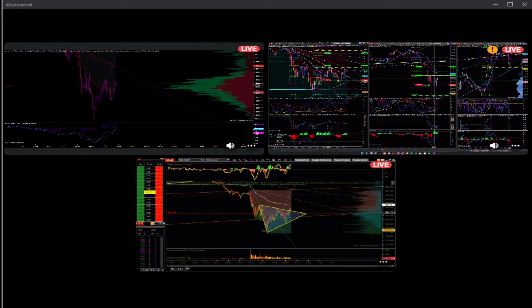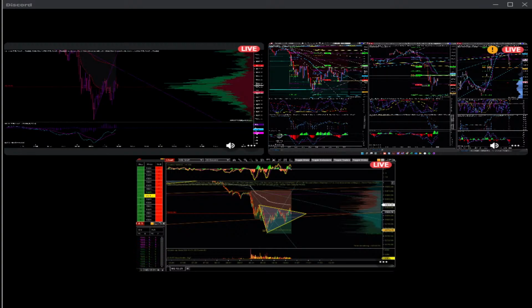I like when the triangle breaks to the downside and goes back inside the symmetrical triangle, and then that is the breakout. Until then, I'm not comfortable.